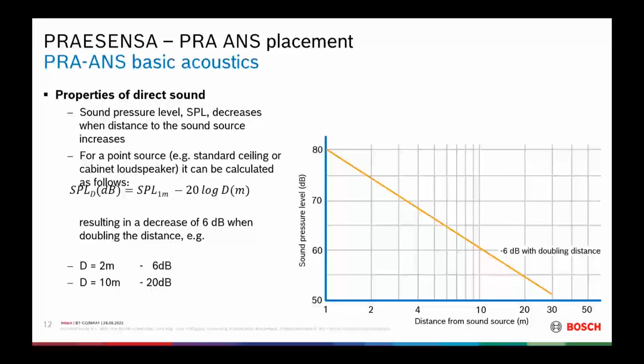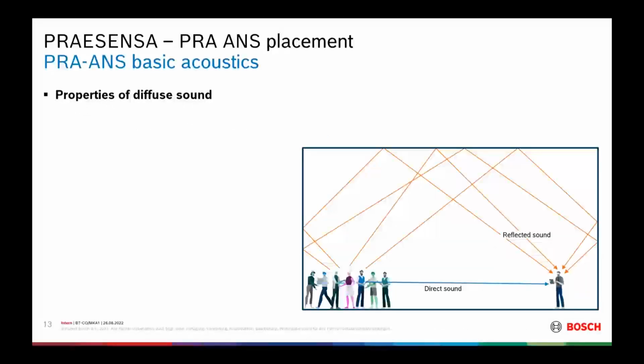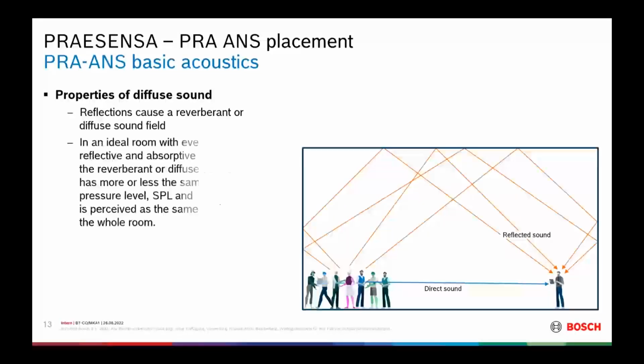Now we come to this effect that my sound source is not in open space, not in an anechoic chamber, so to say. We are in a normal room, at an airport, at a railway station, wherever you are with your sound source. Then you also get the diffuse sound, which is reflected by the walls, by the ceiling, etc., by the floor also.